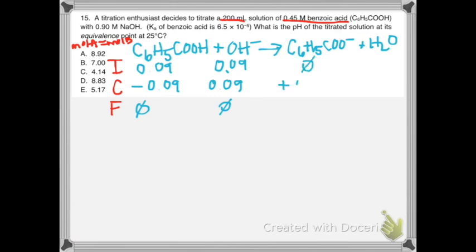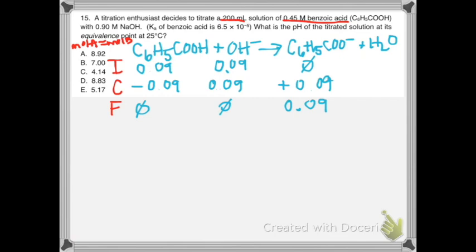And we'll make 0.09 moles of our conjugate base, the benzoate. Okay, so that's cool, but they didn't ask us for moles of benzoate, right? They asked us for pH.